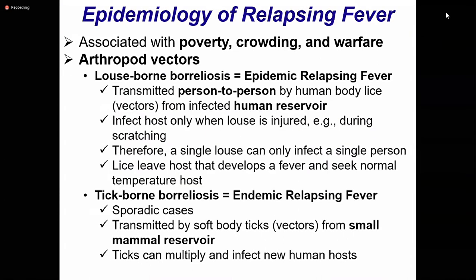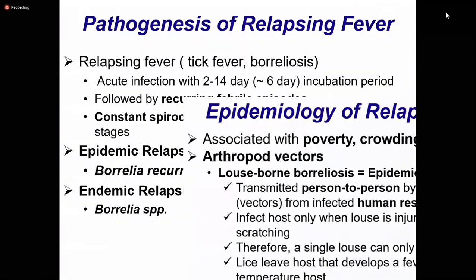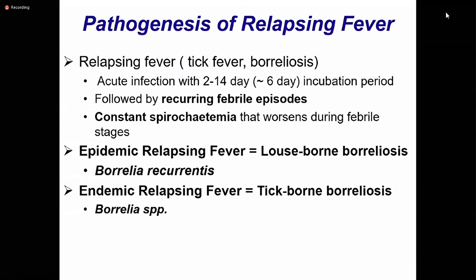Now, the relapsing fever: these are arthropod vectors associated with poor countries or poor places, or poverty. Either louse-borne Borrelia disease, which causes epidemics, or others which can cause endemic disease. So the message from the slide here is that there is always a vector, always arthropods related to the infection itself. What is the pathogenicity?